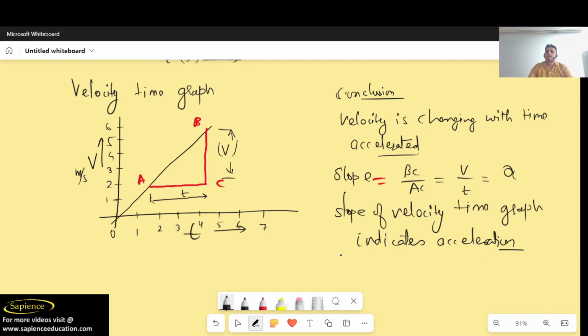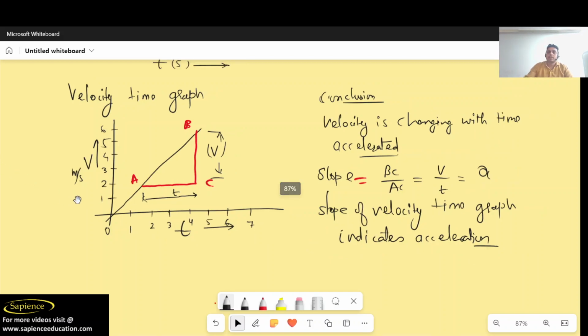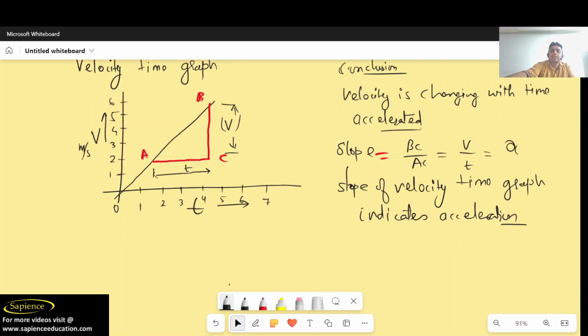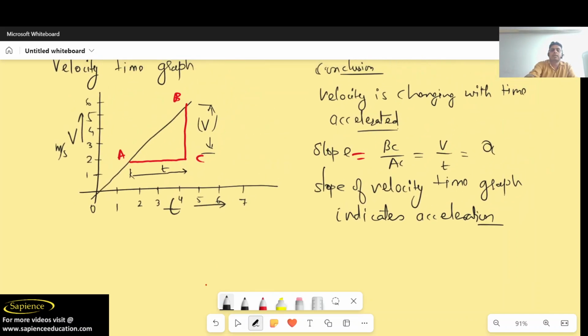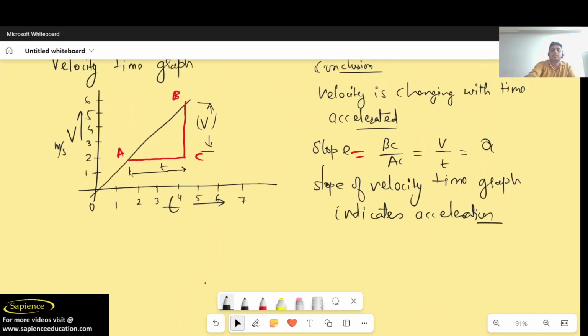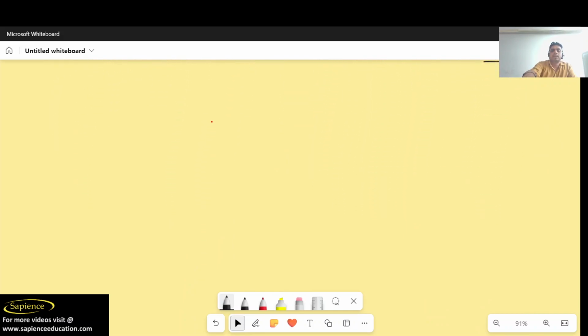Okay, understood? Now, there may be a different type of slope. So we will discuss different types of slope. We have already found the conclusion that the slope of a velocity time graph indicates acceleration.